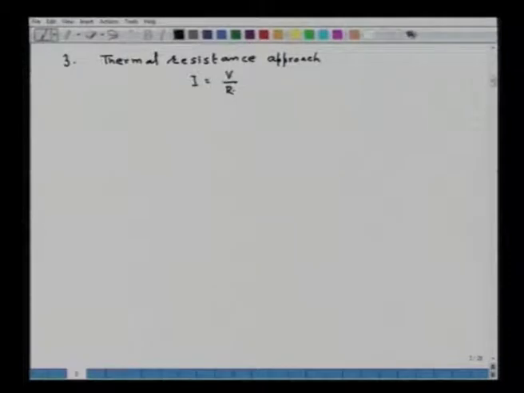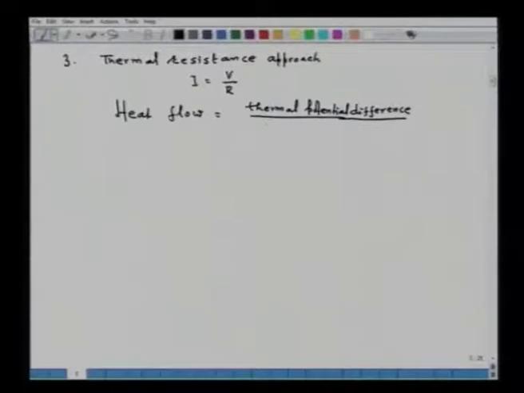So in an analogous fashion, we can also say heat flow is equal to thermal potential difference divided by thermal resistance.